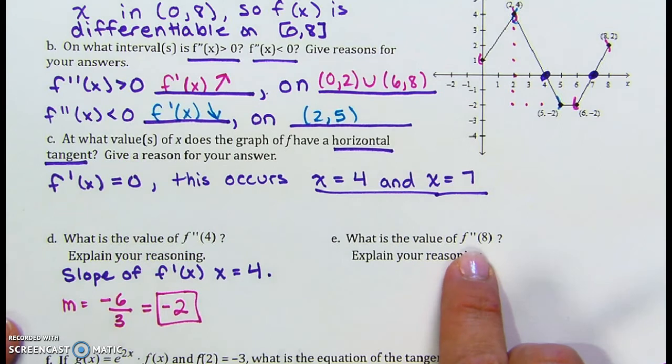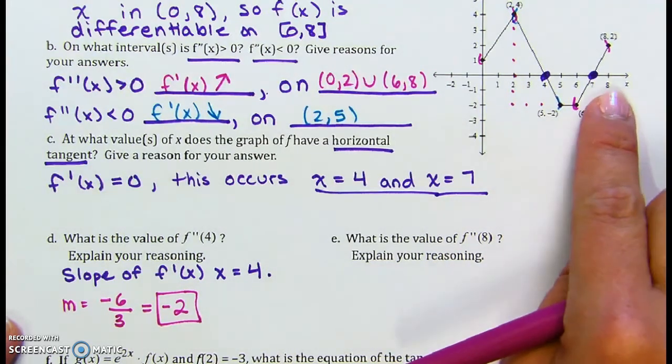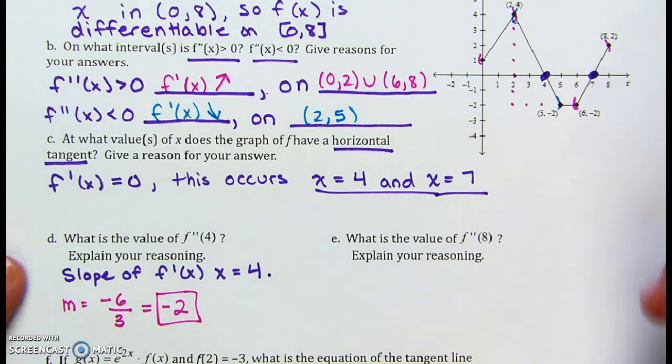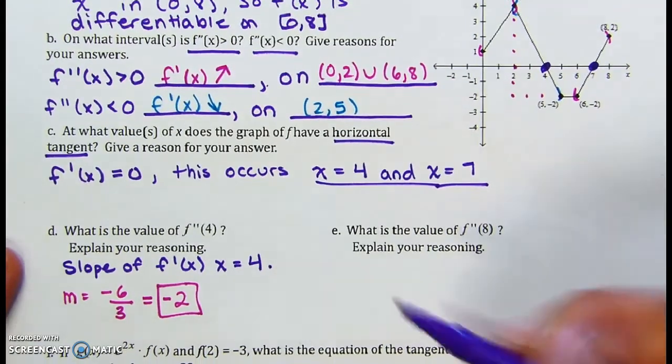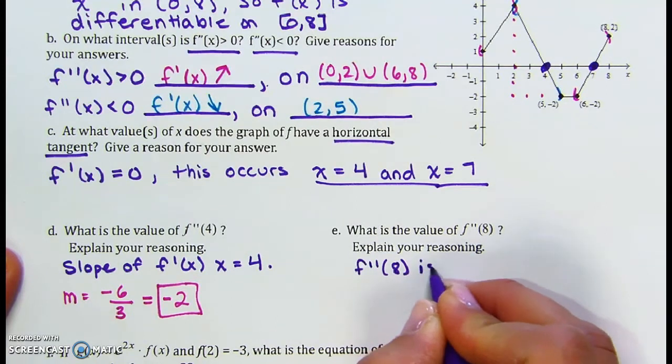What about E? Same thing, yeah? Okay, so the slope of f prime when x is 8. Do we have a point on the other side of 8? No, so we're going to say f double prime of 8 is undefined.